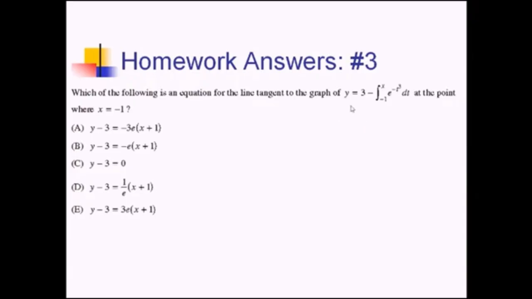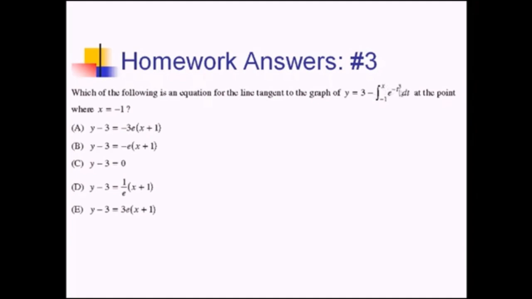So that's going to be, let's see, 3 goes away because it's a constant. So we end up with the derivative of this integral from negative 1 to x of e to the negative t cubed. Since we're taking the derivative of an integral with an x as the upper limit, using our fundamental theorem, we can just replace the variable in the integrand with the x. So this is going to come out to negative e to the negative x cubed, because we have a negative out in front.